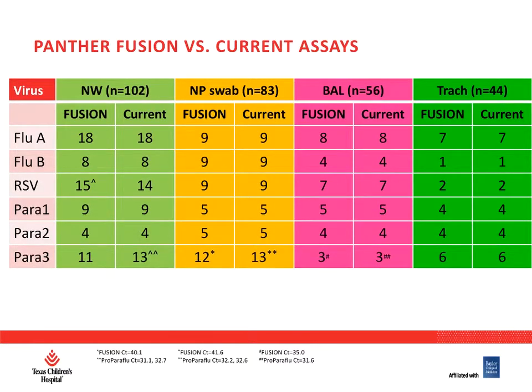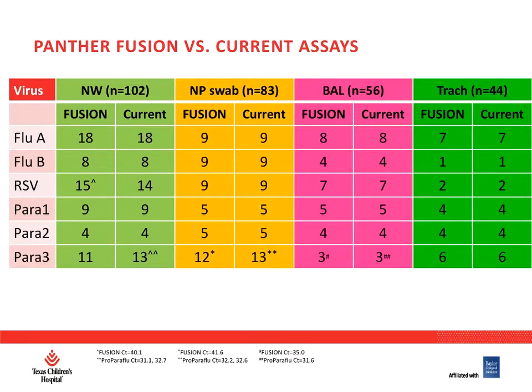Okay, and then let's look at the parainfluenza viruses in these various sample types. Para1 and Para2 agreed 100% with our current assays. For Para3, a couple of Para3s were missed by the Fusion, though I think it did pick up an extra Para3 as well.